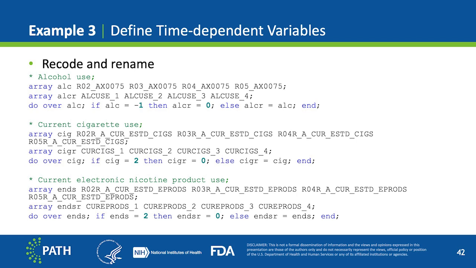It's required for the model specification to handle time-dependent variables. We did a very similar thing for current cigarette use and electronic nicotine product use. We renamed everything by adding a suffix with 1, 2, 3, 4 to indicate at which wave this information was available, and also to recode them to 0-1 binary indicators.